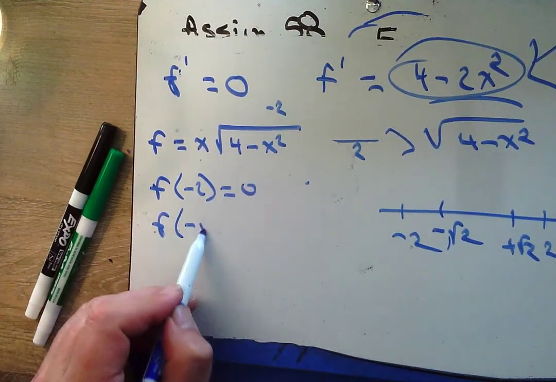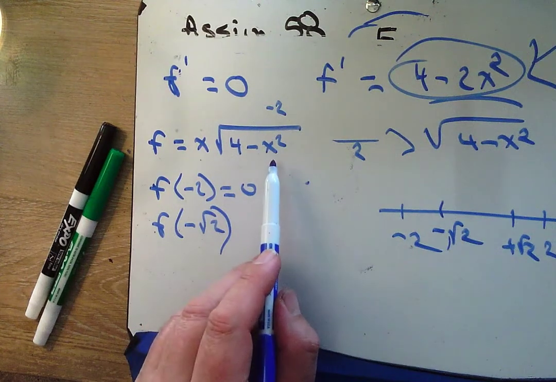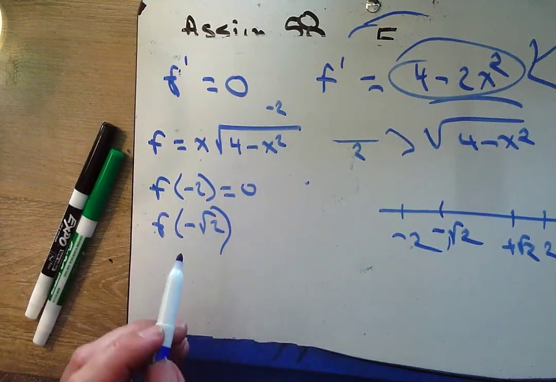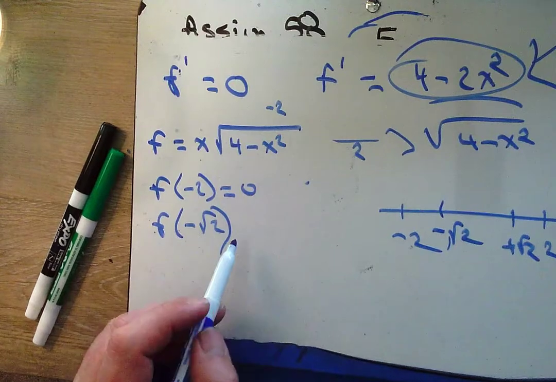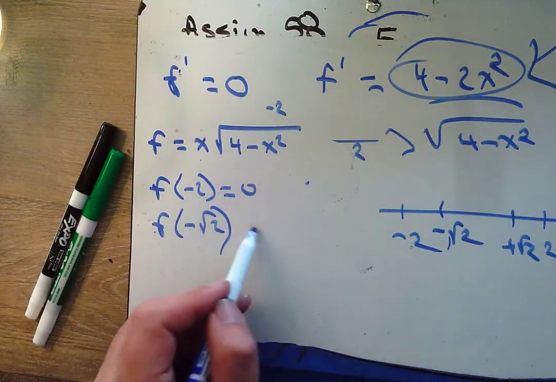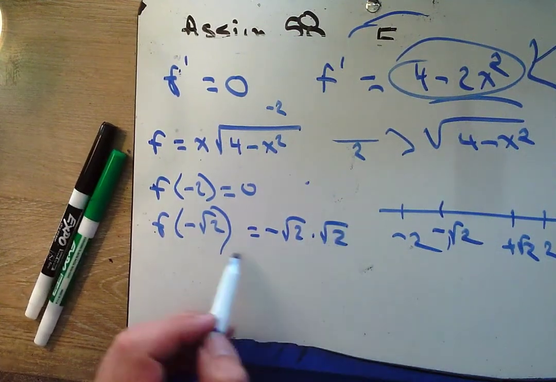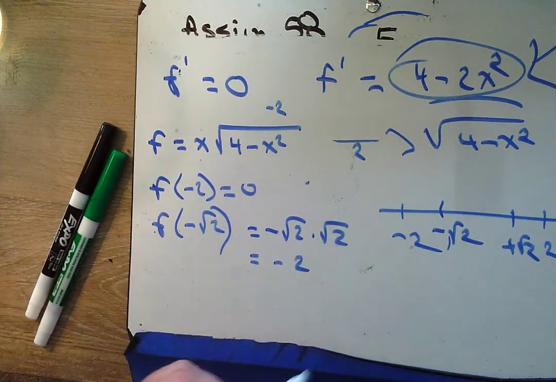How about f of negative root 2? If I plug negative root 2 in there and square, I have negative root 2 times negative root 2 is going to be positive 2. 4 minus 2 is 2. So I'm going to have negative root 2 times root 2, which is negative 2.